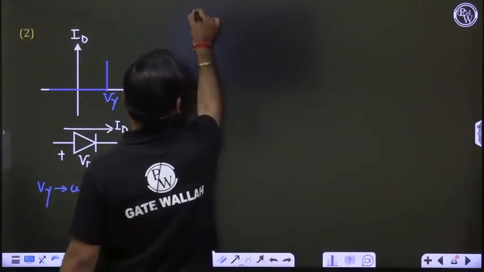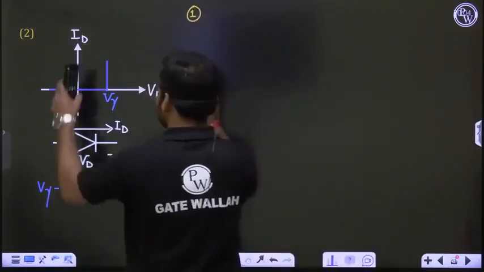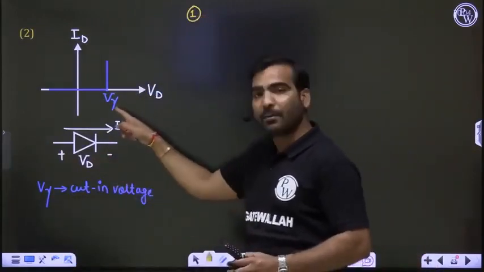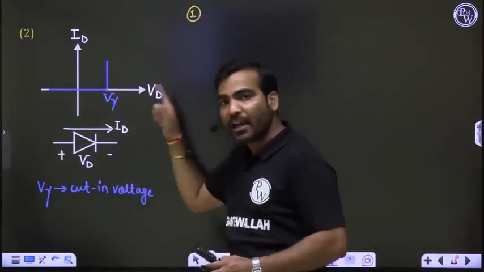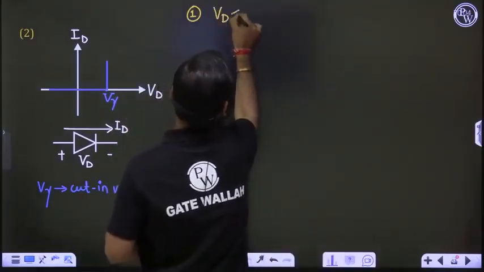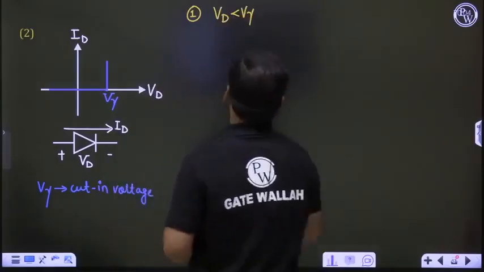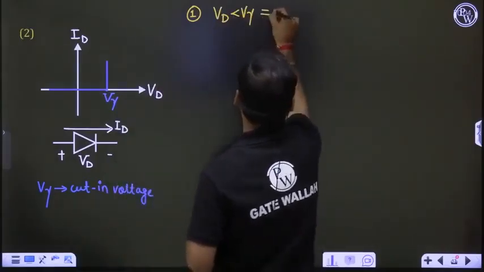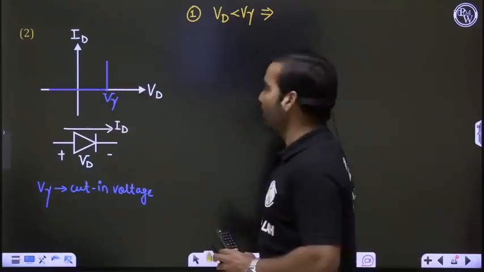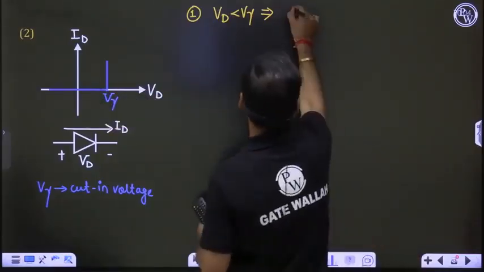So we can write the first point. In the second model, when this model is given in the question, they will give you the V gamma value. So when VD is less than V gamma, the diode current ID is 0.